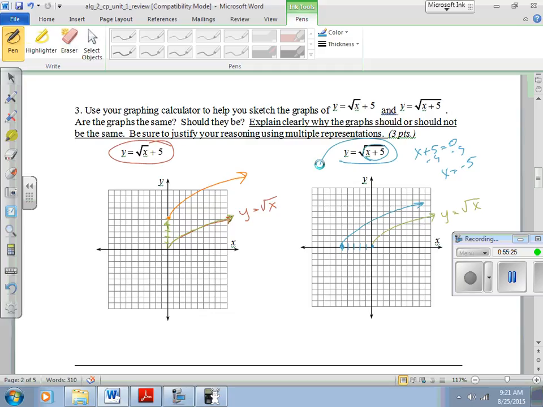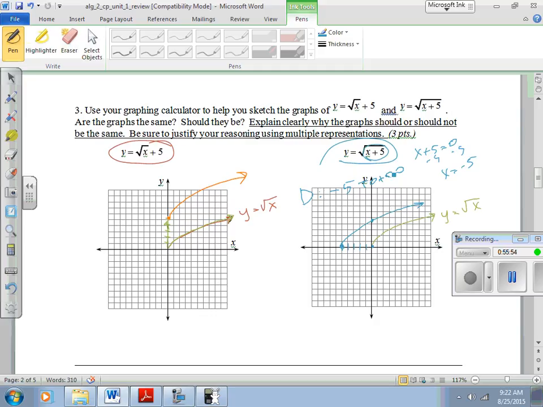The domain is from -5 to 0. 0 only has a coordinate right there. Does it stop there? To positive infinity. Because it starts here and it just keeps going that direction. Any x number between -5 and that direction, you're going to get a y value that goes with it.